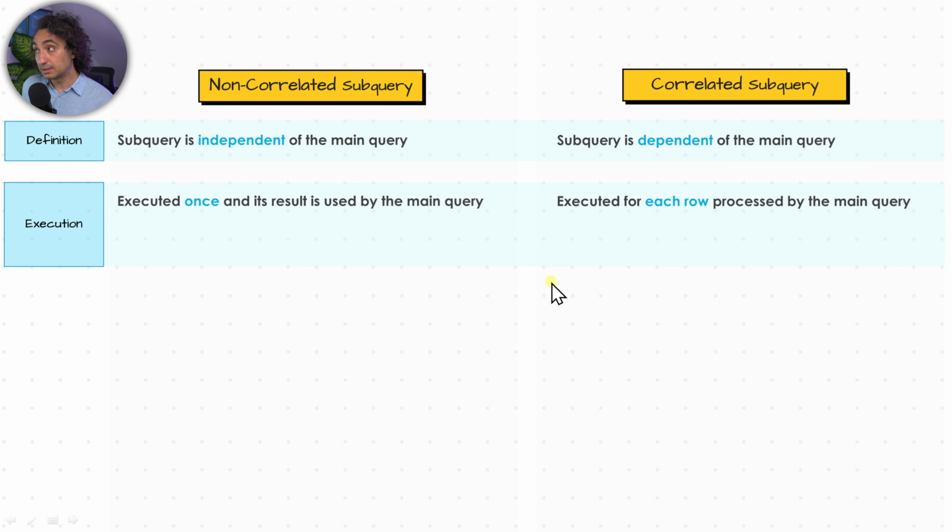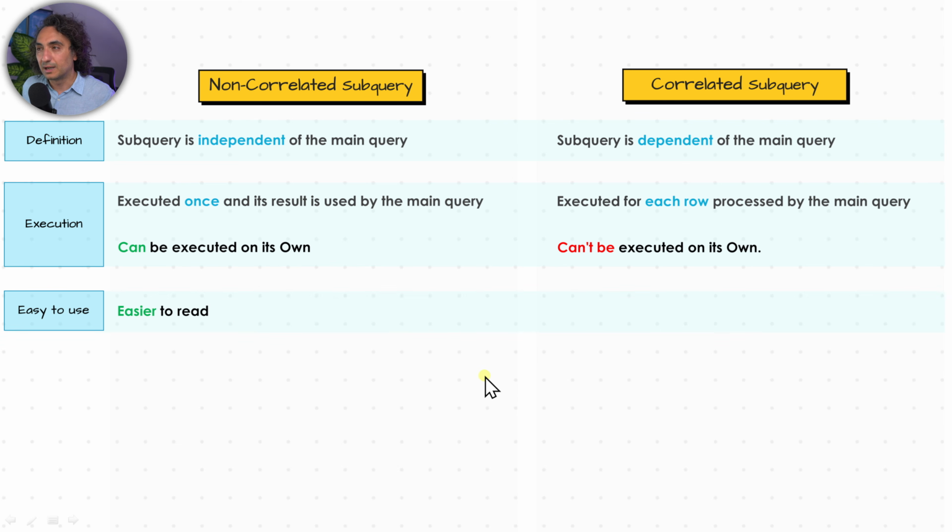But the correlated subquery is executed for each row of the main query. And as we learned, we can execute a non-correlated subquery on its own by selecting it, but a correlated subquery we cannot execute on its own, so we always have to execute the whole thing.